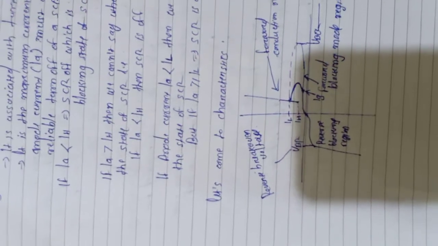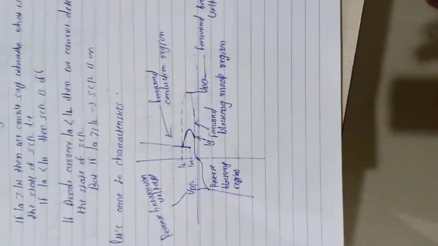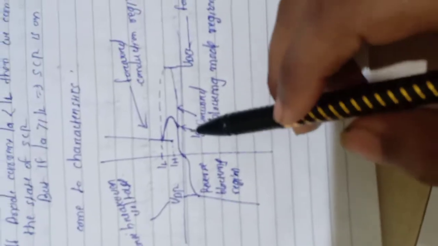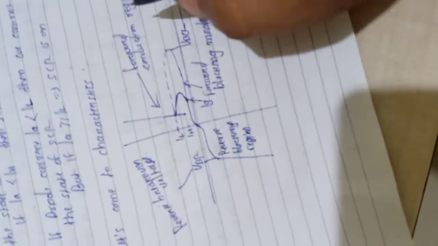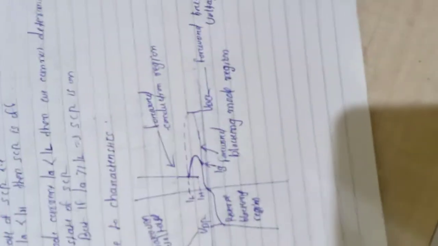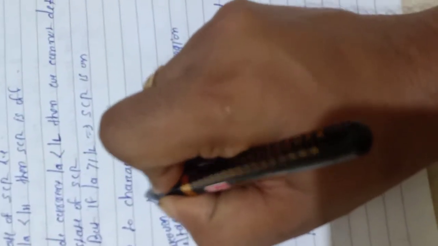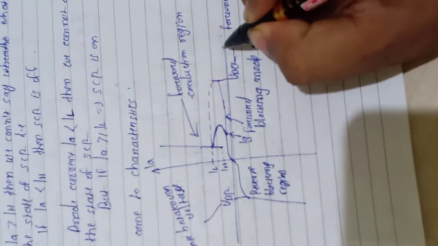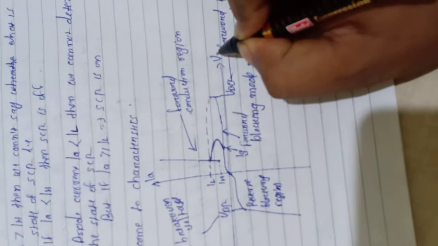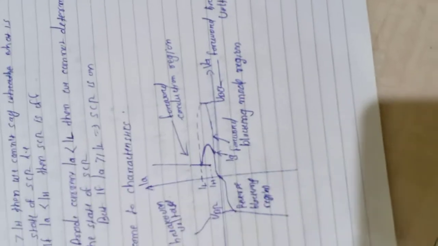So let us come to the characteristics curve. Here I have drawn the characteristics curve, that is IA versus VA.